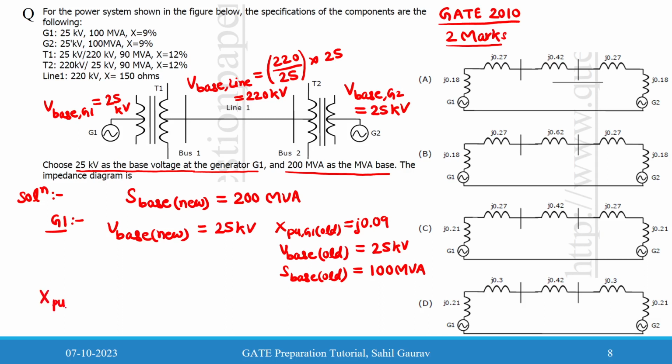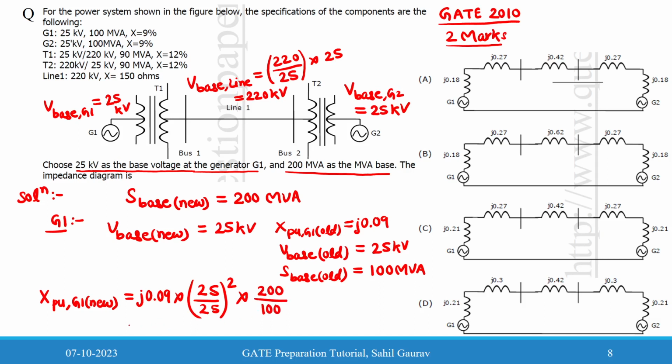X per unit G1 new will be the older value multiplied by V base old squared, 25 divided by 25 squared, multiplied by S base new, 200 MVA, divided by S base old, that is 100 MVA.